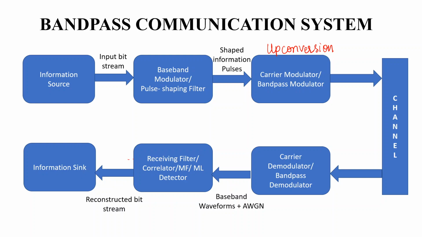The addition of the carrier will help us in fixing the amplitudes of the symbols on the carrier, or we can vary the carrier characteristics based on the information pulses that we have. Based on the symbols that we have generated, we are going to alter the carrier amplitude based on our requirement to represent it in its upconverted or bandpass equivalent.